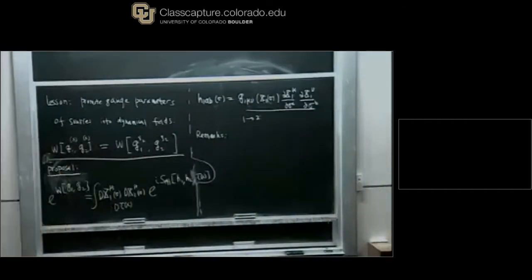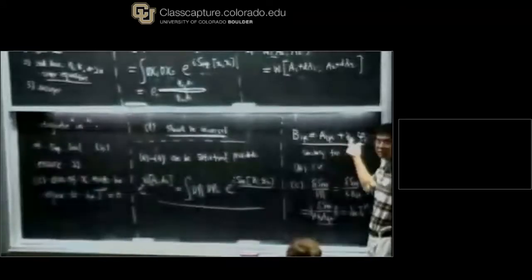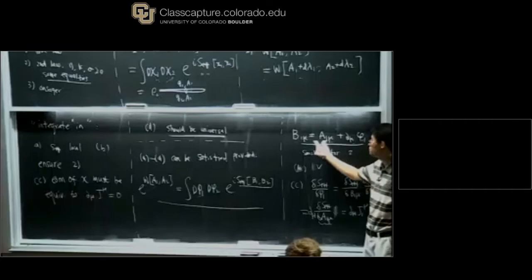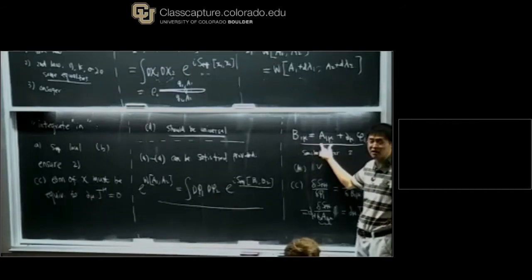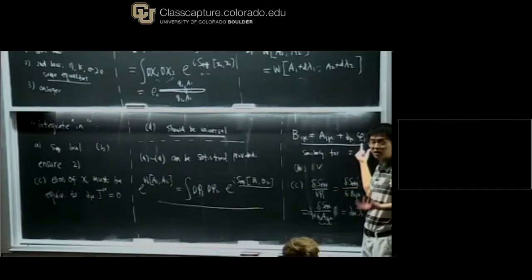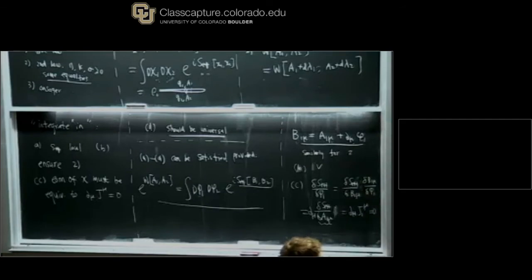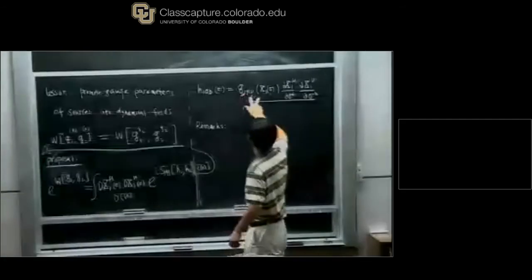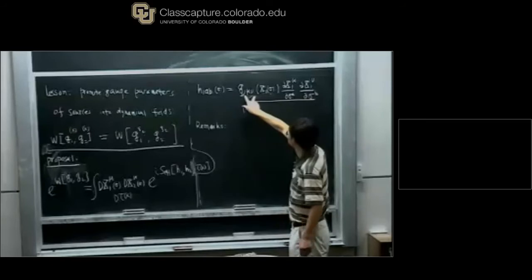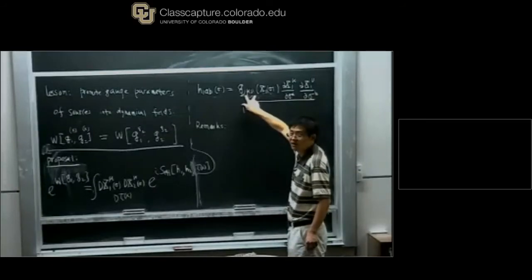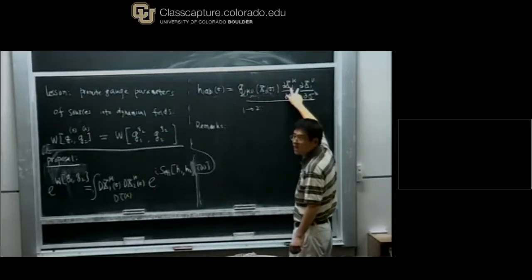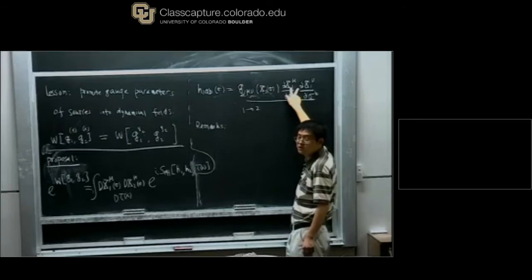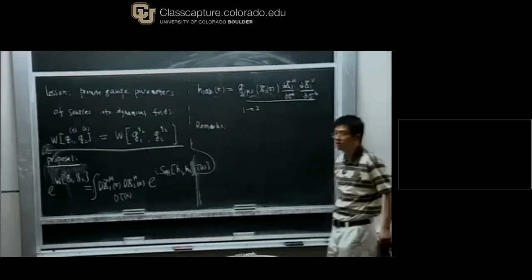B has the feature that any gauge transformation of A can be absorbed into phi. So B is invariant under the gauge transformation of A if I transform phi simultaneously. This H has a similar feature: when I make a diffeomorphism in G1, that diffeomorphism can always be absorbed into X, and so that's precisely the analog.